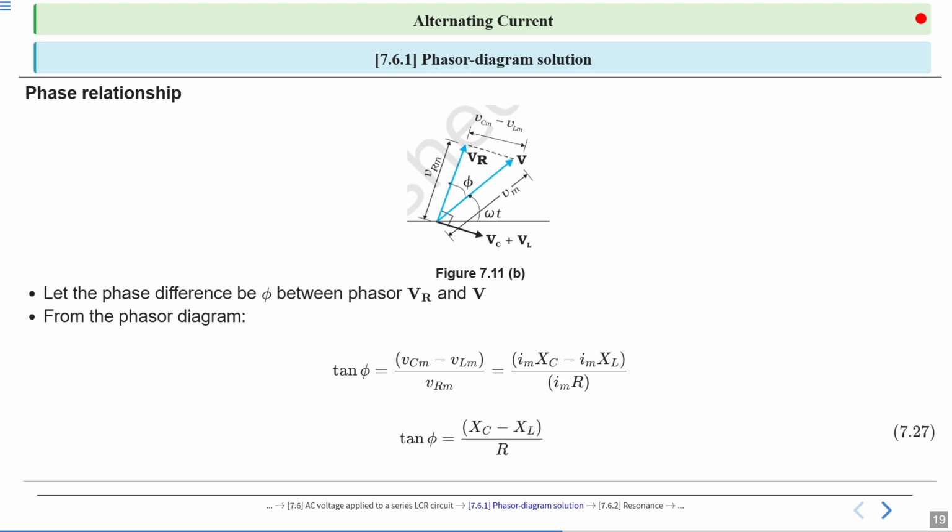Mark it as equation 7.27. This is the important expression to find the phase difference phi of current and voltage.